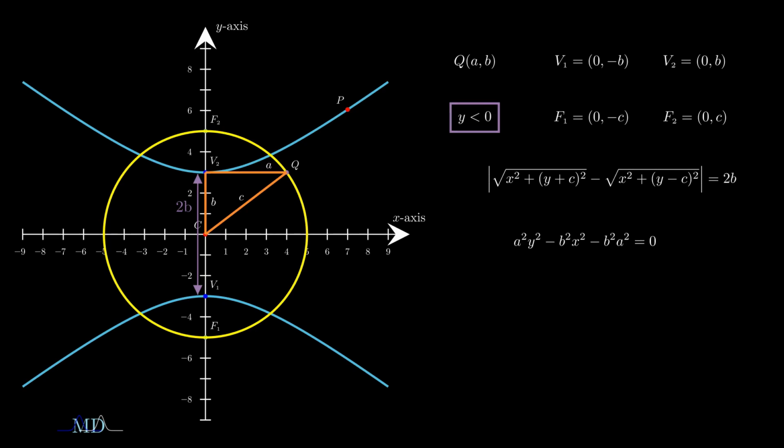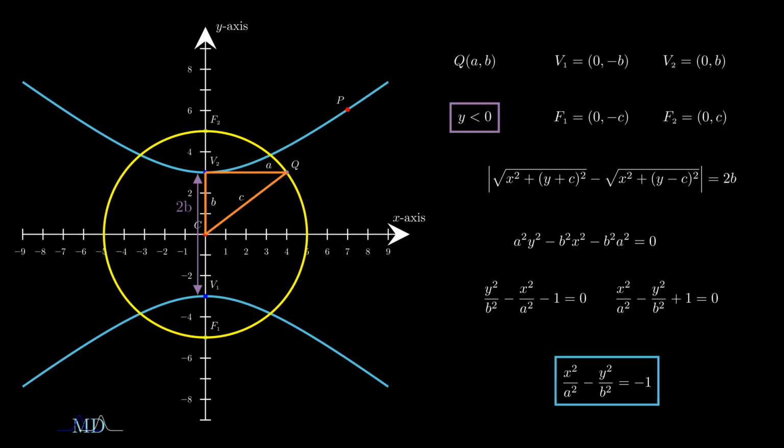Because both a and b are not equal to 0, we get y squared over b squared minus x squared over a squared minus 1 equals 0. We can change the signs of the two members of the equation. Then we bring the constant term to the other side, obtaining x squared over a squared minus y squared over b squared equals minus 1.